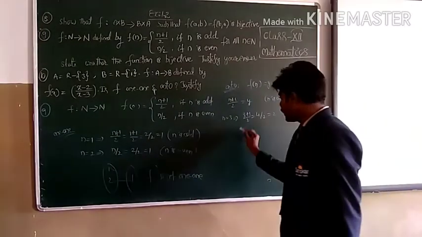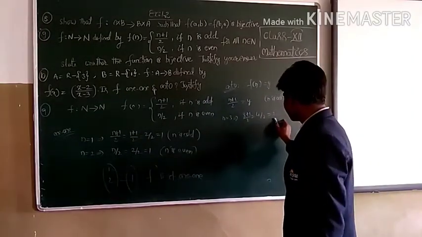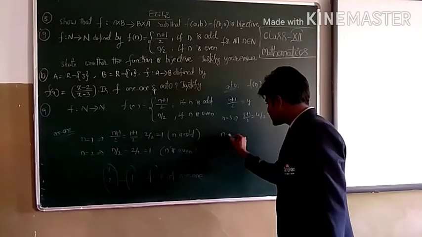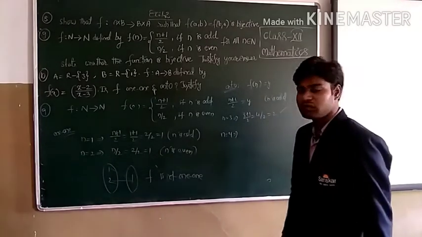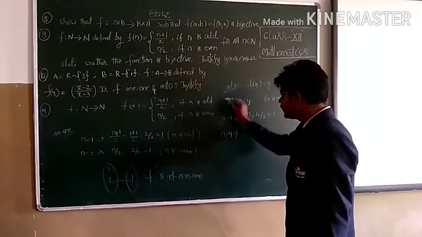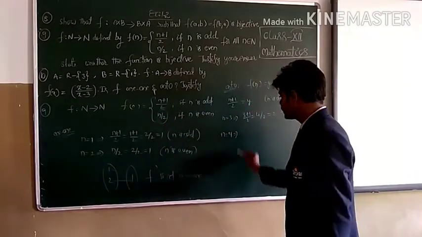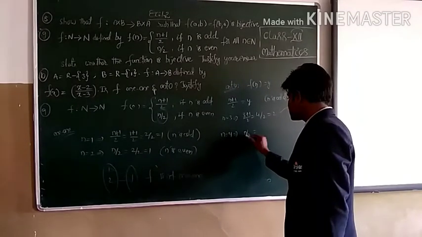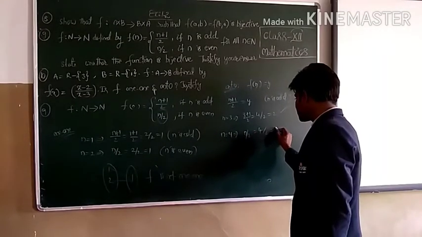Next, if n is even, say n equals 4, then we need to consider this case, because it is an even number. Now n by 2 is 4 by 2, which is equal to 2.